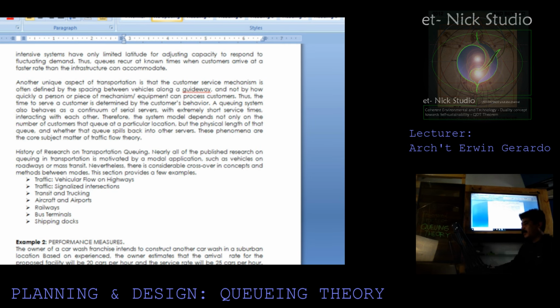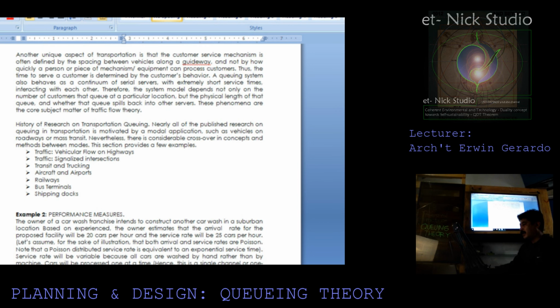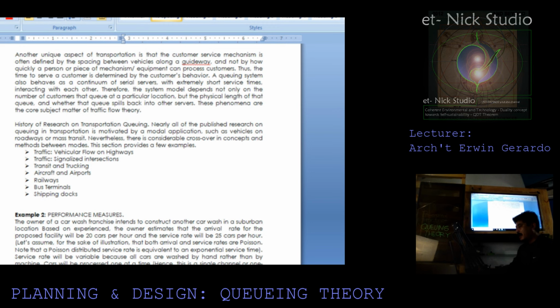Another unique aspect of transportation is that the customer service mechanism is often defined by the spacing between vehicles along a guideway, and not by how quickly a person or piece of mechanism or equipment can process customers. Thus, the time to serve a customer is determined by the customer's behavior.